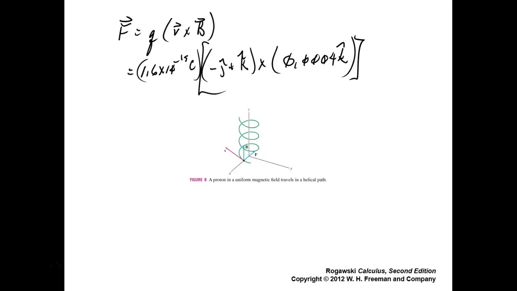So let's multiply that. Kind of like we did before, J cross K is going clockwise around the circle, so that's going to be positive, except you got a -1 on it, so that's going to be a minus 0.0004 I. J cross K, I'm sorry.